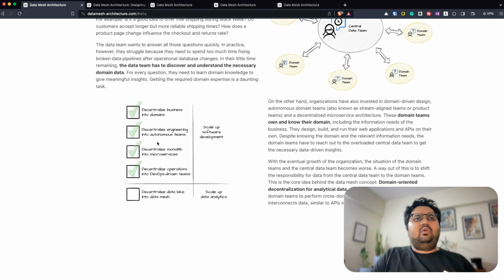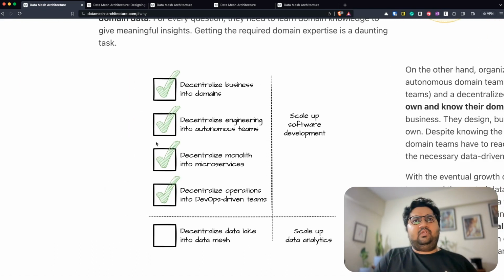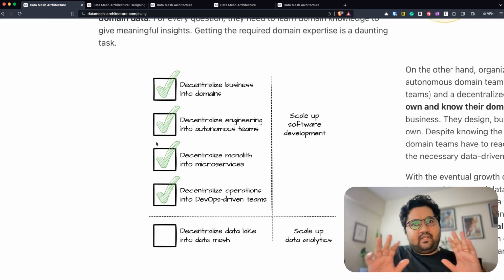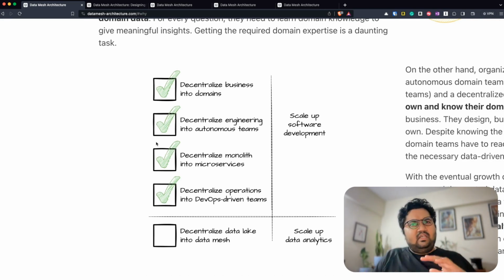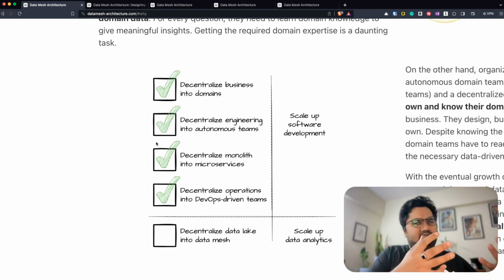If you take a look at this interesting checkpoint, if we draw parallels from software development to data analytics, and I think that's a very common comparison, right? We take parallels from software development because it has been there for longer, and the best practices, it has seen these life cycles. So there has been decentralization of domains and businesses.